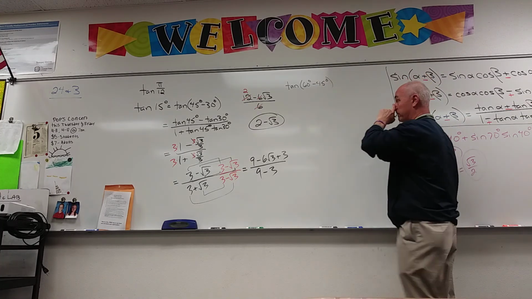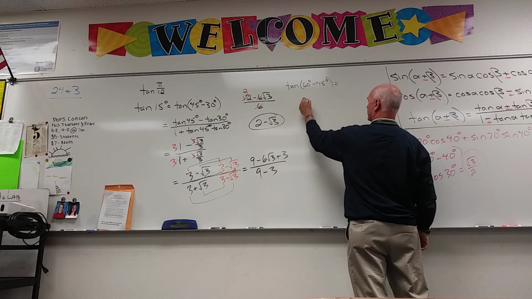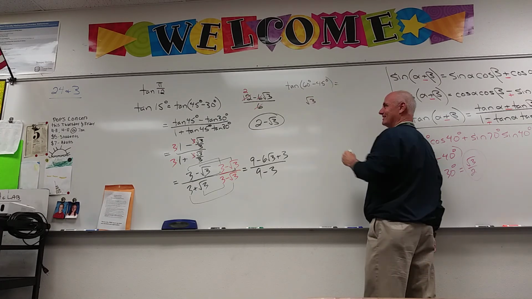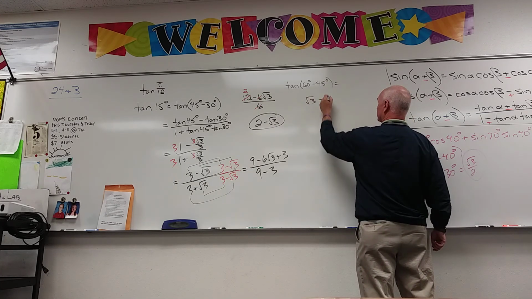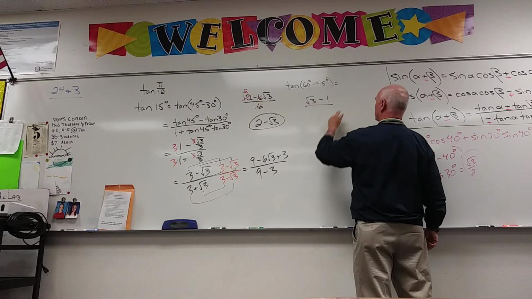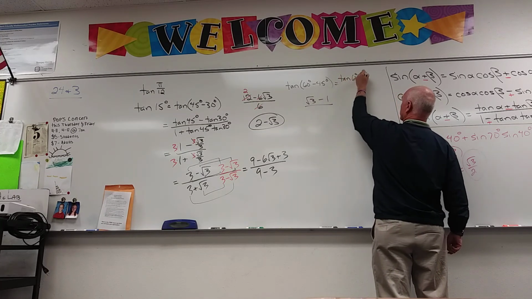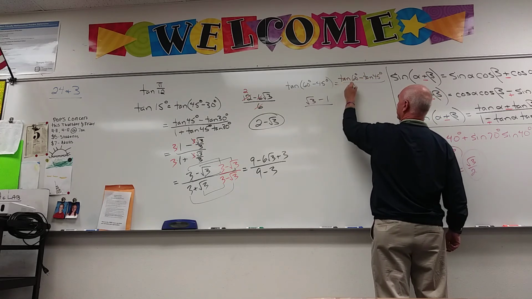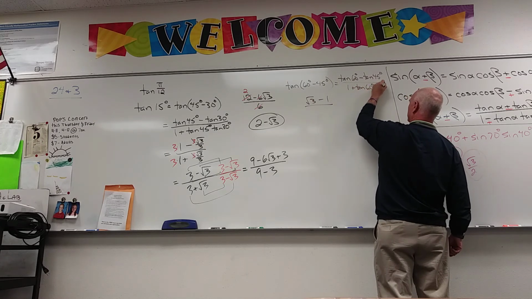No big deal, right? So that gives us tangent of 60, which is square root of 3, minus tangent of 45, which is 1. I should have written that out first. I'm going to write it out first, because I'm telling you guys to write it out first, so I should do it. Over 1 plus tangent of 60 degrees times tangent of 45 degrees.